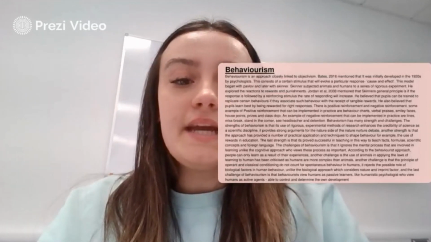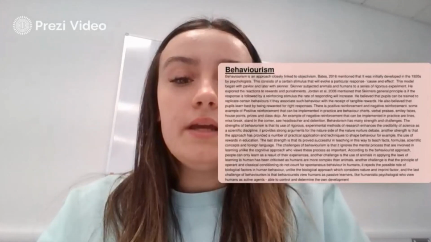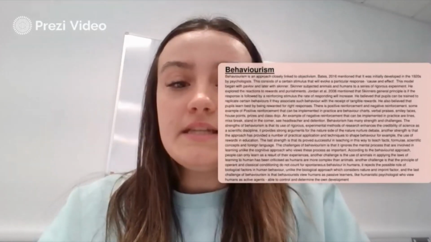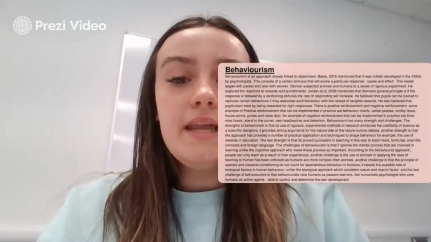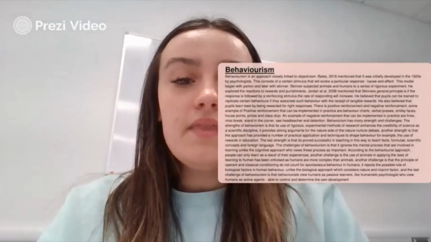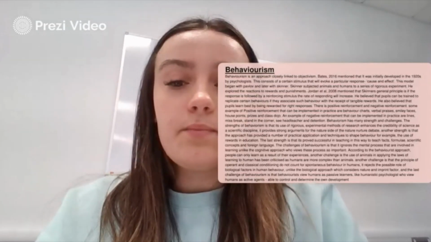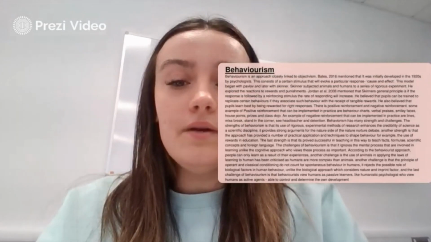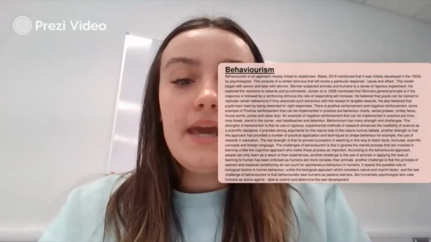There is a positive reinforcement and negative reinforcement. An example of a positive reinforcement would be behaviour charts, verbal praises, smiley faces, house points, prizes in Class Dojo. An example of a negative reinforcement that can be implemented in practice are lines, missed break, standing in the corner, or being sent to the head teacher for detention.